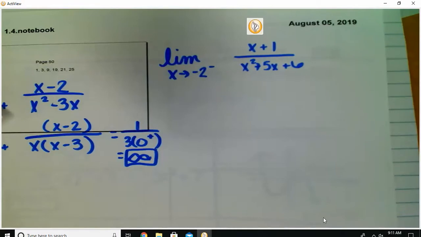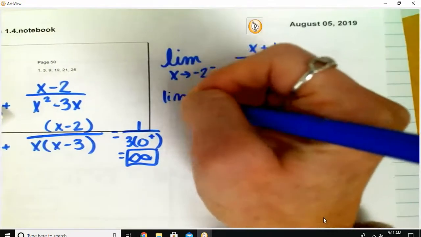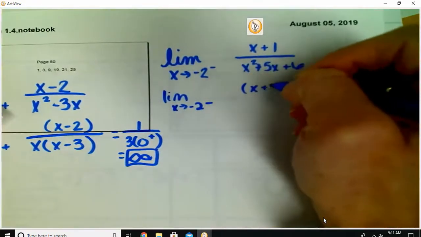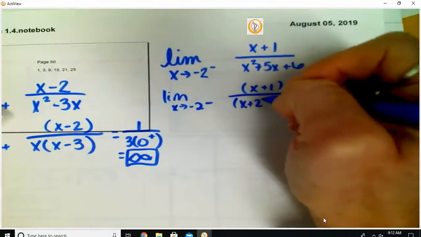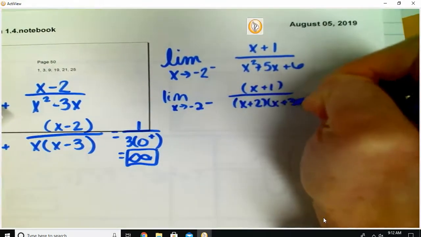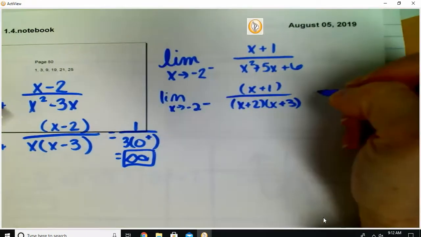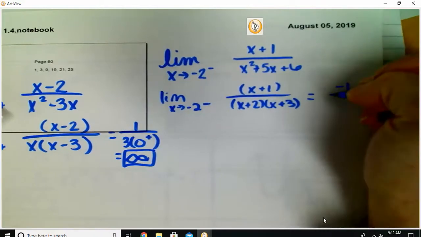Okay, you tried plugging in, but since I changed the problem on you, it doesn't work. So we have to factor. Multiply to 6 and add to 5 would be a 2 and a 3. Nothing cancels out, so we're going to try to reason through this. The top, if you put in a -2, -2 plus 1 gives you a -1.